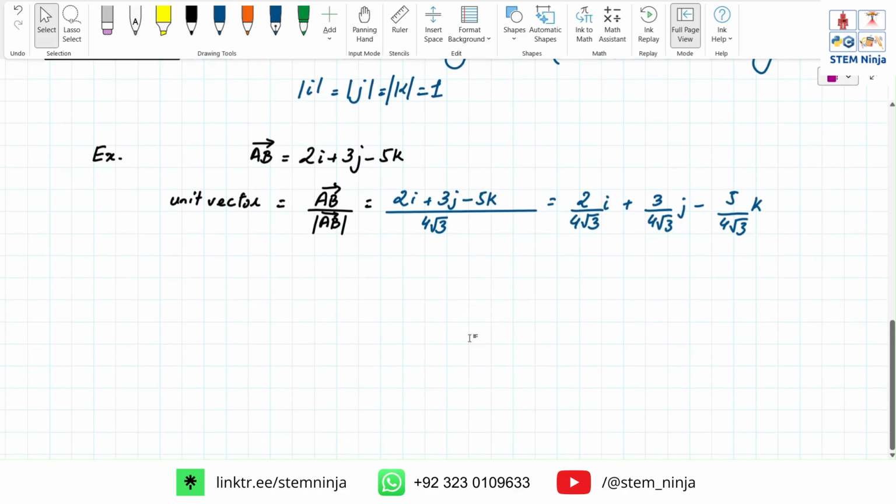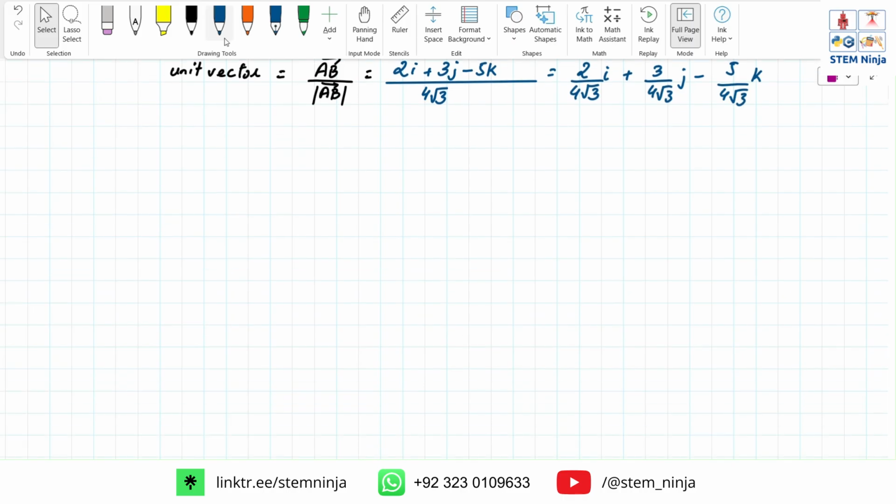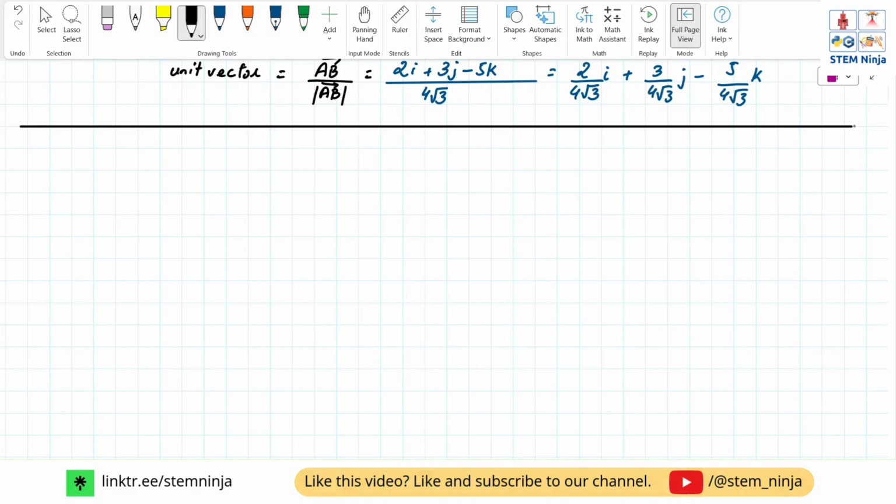Now that we know the unit vectors, let's discuss the operations with vectors. Just like operations with scalars, we have sum, difference, addition, subtraction, product, division, quotient, whatever you want to call it.